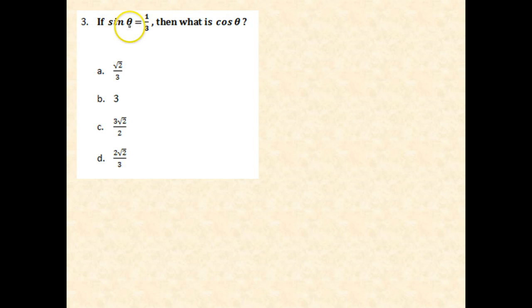Alright, if sine of theta equals 1/3, then what is cosine of theta? Well, if sine of theta is 1/3, then that means we've got a triangle somewhere, a right triangle at that, where we have a theta, and sine is opposite over hypotenuse.